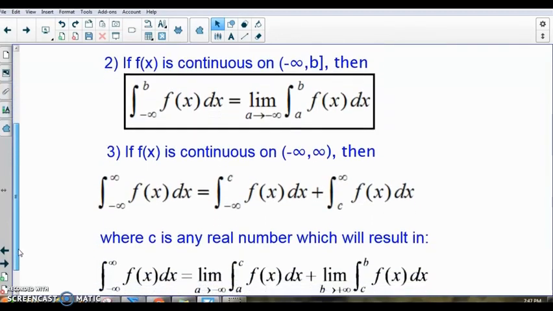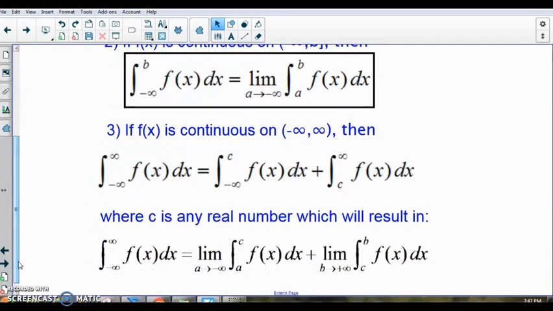You have to break it into 2 pieces because you have 2 separate issues in the problem. The bottom bound is negative infinity, and the top bound is positive infinity. So you need to break it into 2 integrals. The letter that you are filling in here is actually going to be a number. If I can, I try to use 0 in this spot.